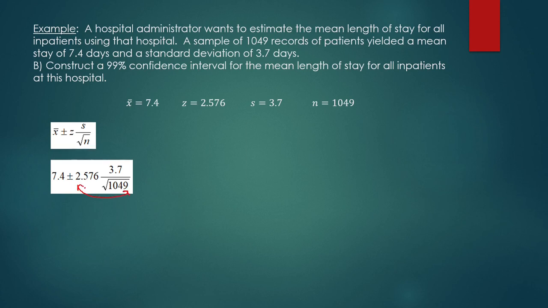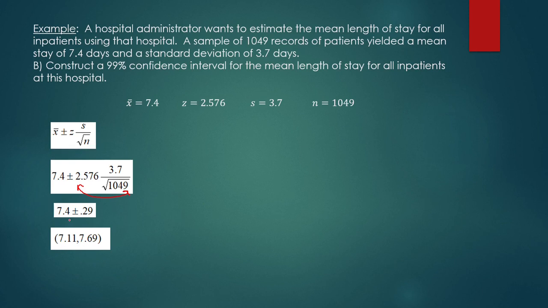and this gives me 0.29. So we have our confidence interval of 7.4 minus 0.29 first to yield the left endpoint, which is 7.11.